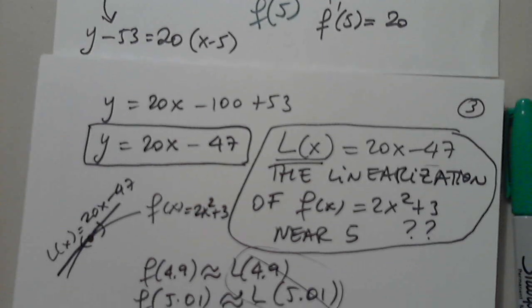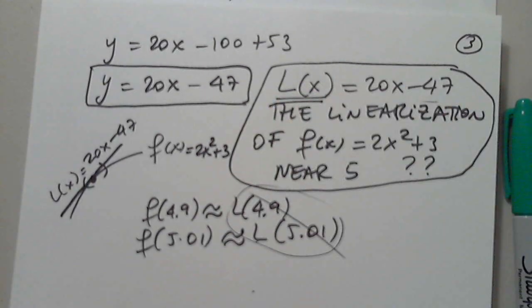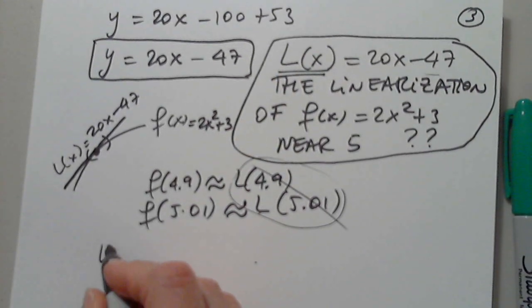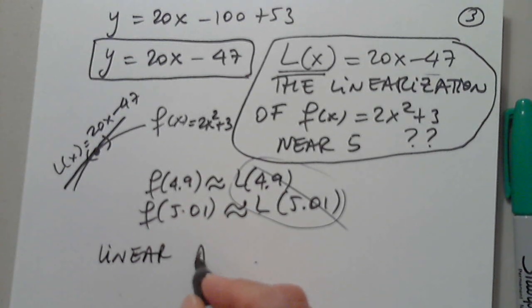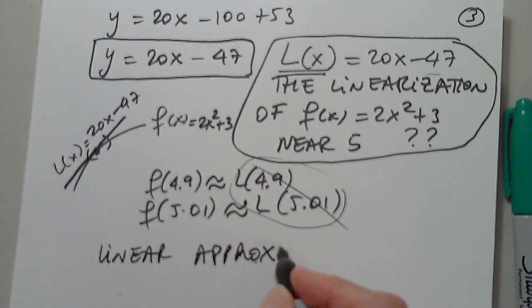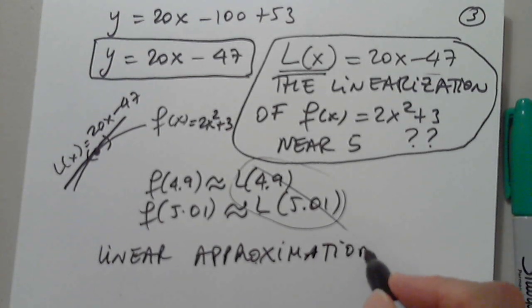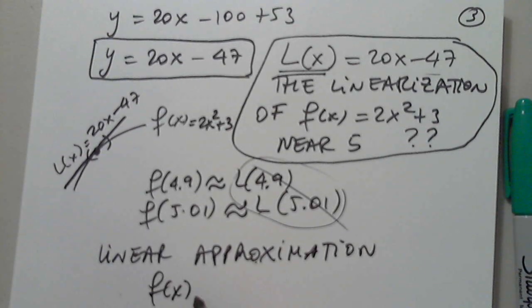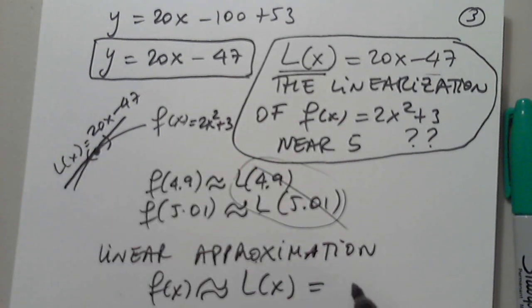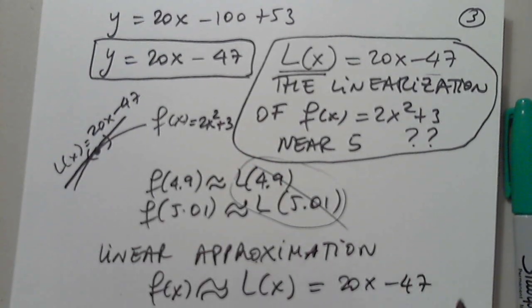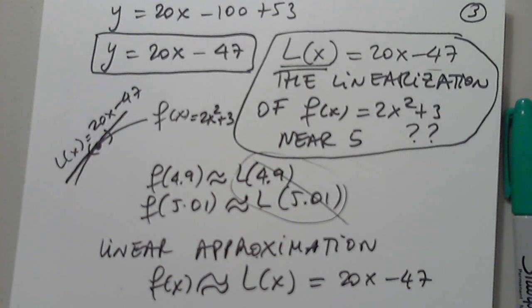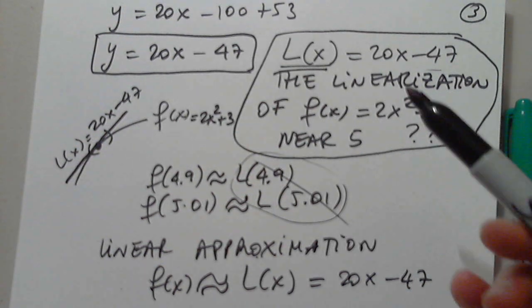So the linearization is L of x. The linear approximation is exactly what you see here. F of x is approximately L of x, which is 20x minus 47 for the problem we came up with. They are the same.